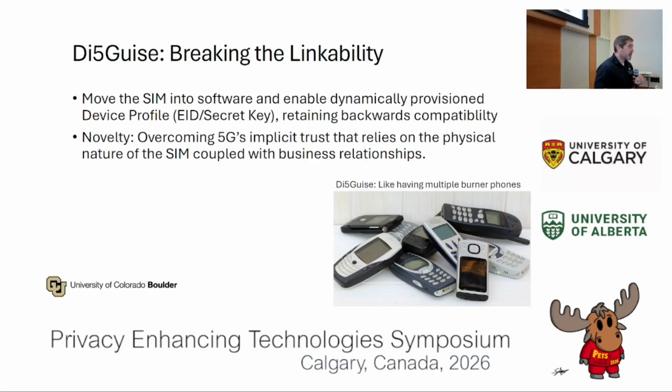The novelty here is really overcoming 5G's implicit trust that relies on the physical nature of the SIM coupled with business relationships. Another way to think about our goals is, with a single phone, to make it look like you have multiple burner phones.